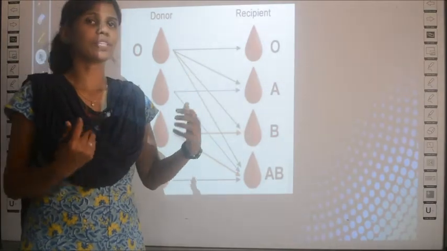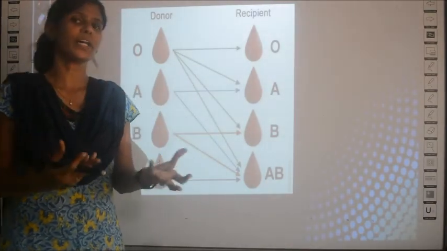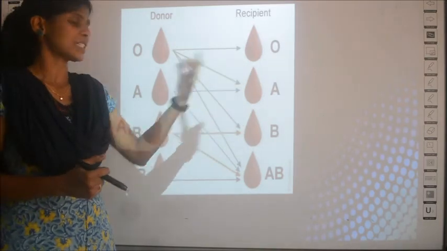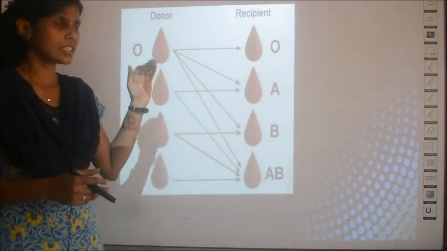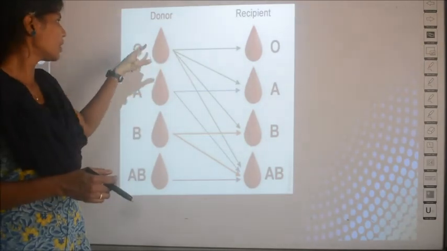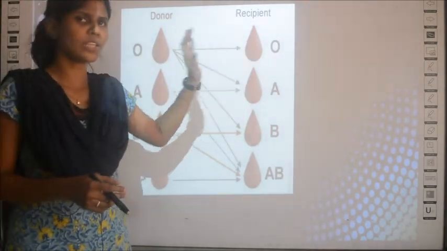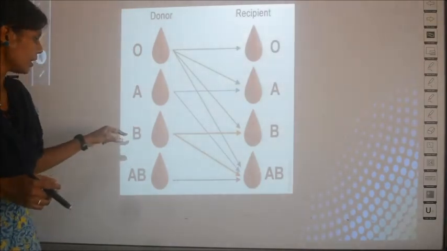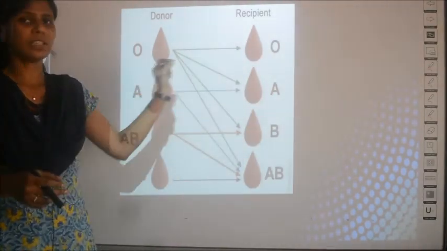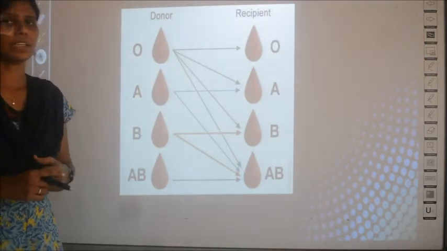donation or recipients. Whoever donates the blood is called the donor, and whoever receives the blood is called the recipient. Clear? This chart also you are going to write for your today's homework. You need not draw this blood drop, just write O, A, B, AB and write this side also and draw the arrow marks clearly with different colors.